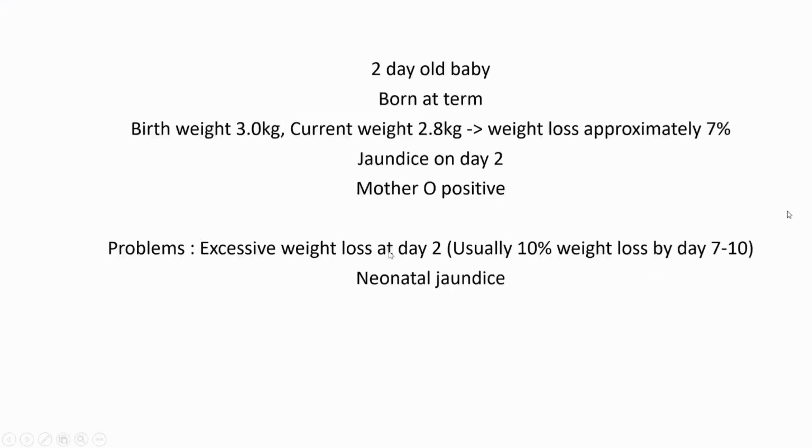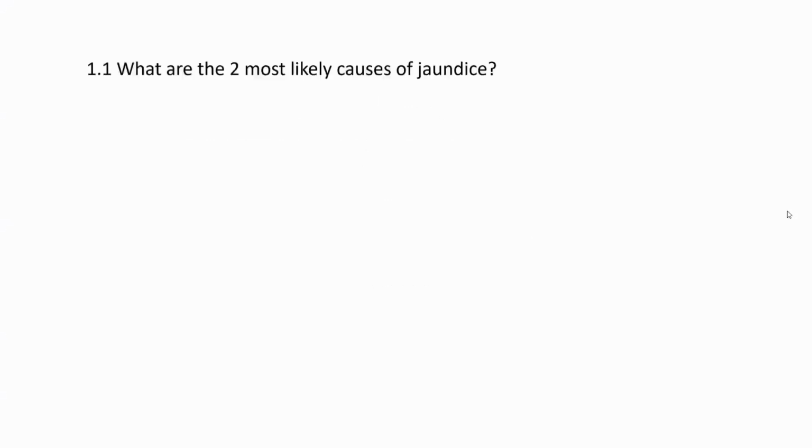A person who does not look at the weight loss properly might not pick this up. So this is a baby who has neonatal jaundice plus relatively significant weight loss for day 2, and that is what you have to understand when starting the question. So what are the two most likely causes for jaundice? What are the answers?